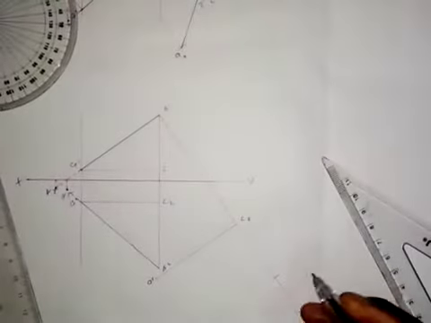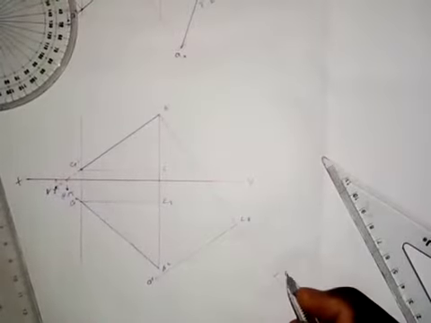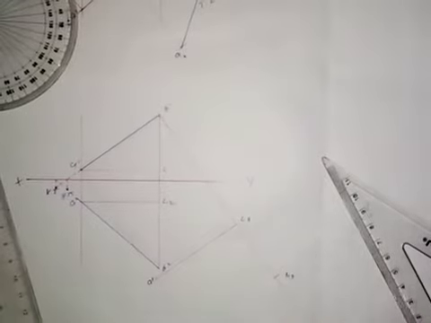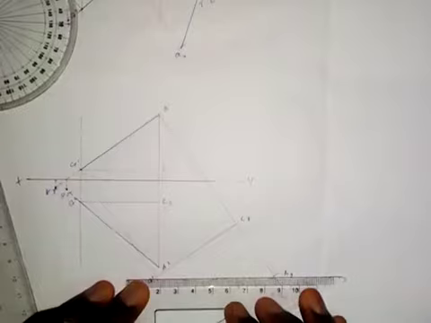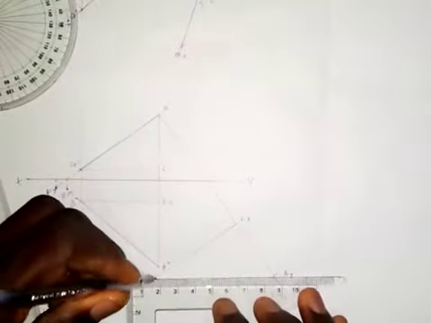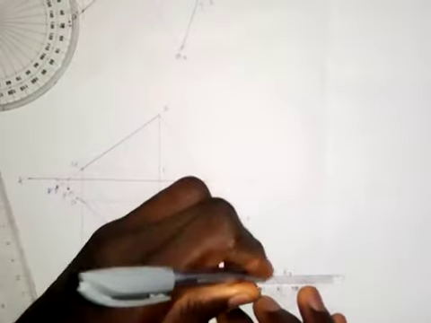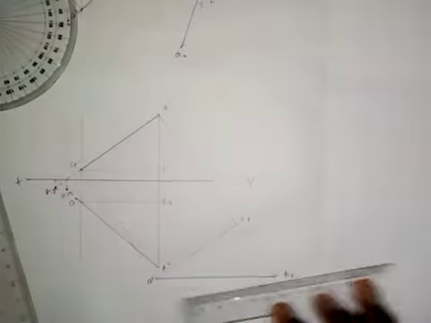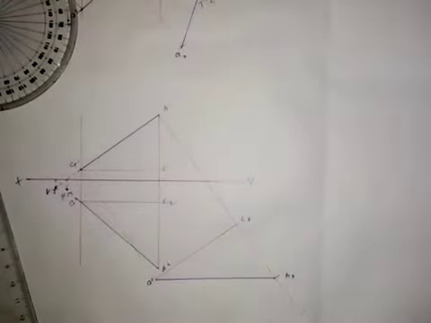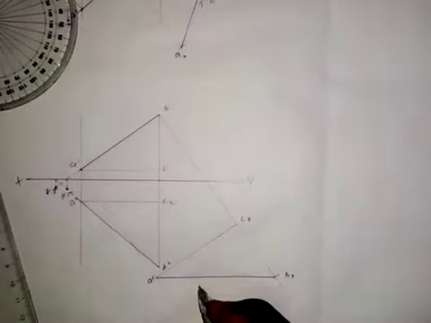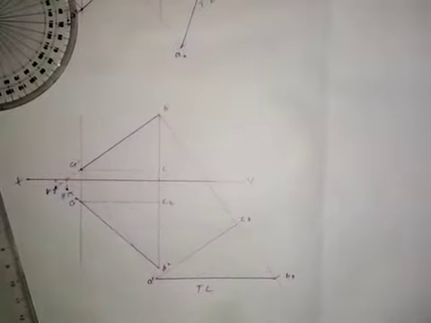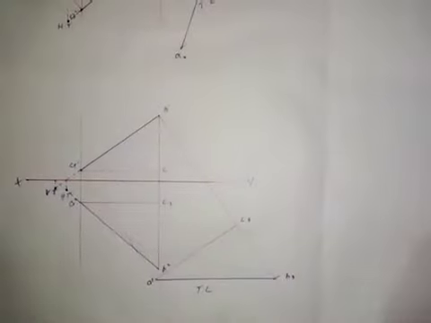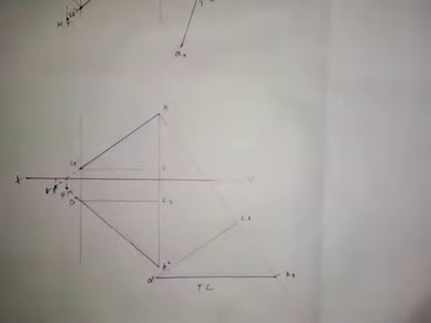This point is point B3. Then I will join A3 B3 together like this. All right, so this is the true length of the line, and it is also the auxiliary plan of the line.